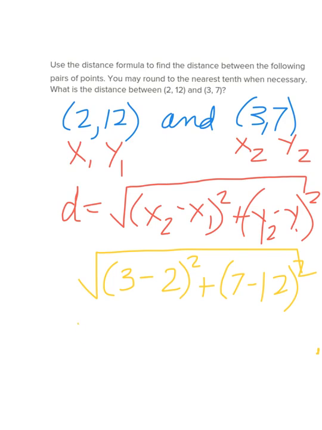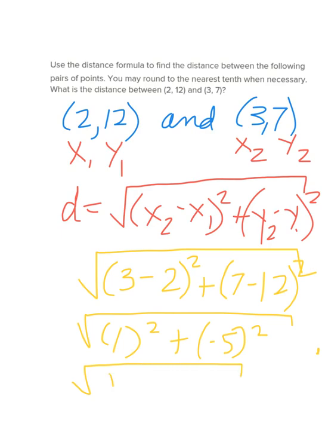All right, so now we're going to do some math here. 3 minus 2. I'm going to do what's in the parentheses first. Order of operations. 3 minus 2 is 1 squared plus 7 minus 12 right there. That's negative 5 squared. Let's see, 1 to the second power is 1.